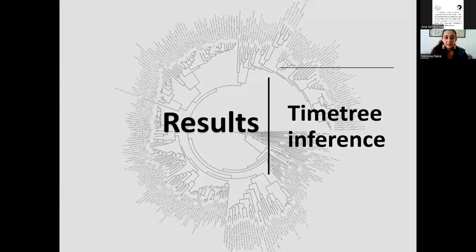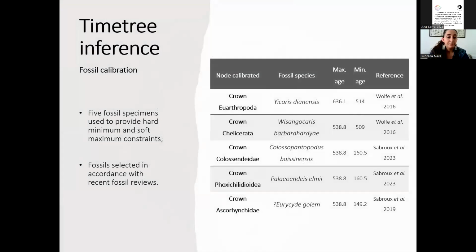Talking about the results, as I was saying, I will not spend time talking about the topology. I can just tell you that the topology is concordant with previous phylogenies. But about the fossils, just to give you an idea of how we use them, here you can see the name of the node that has been calibrated, the fossil species, the range of time which these fossils are from, and the reference, because for sure the fossils have been chosen with criteria that were according to recent fossil reviews.